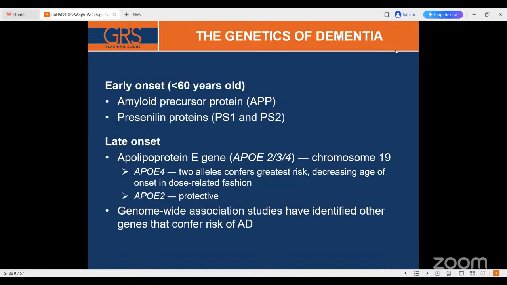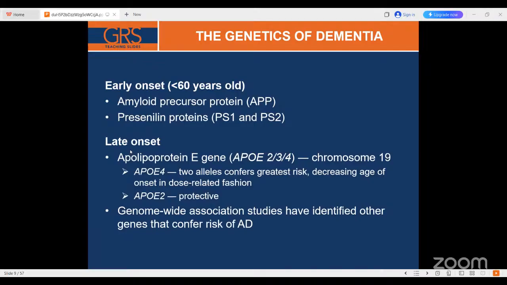The etiology, the genetics of dementia: as we said, we have early onset and late onset dementia. Early onset dementia is when the dementia starts before the age of 60. It's caused by amyloid precursor protein accumulation and presenilin protein, which are chromosomally related.